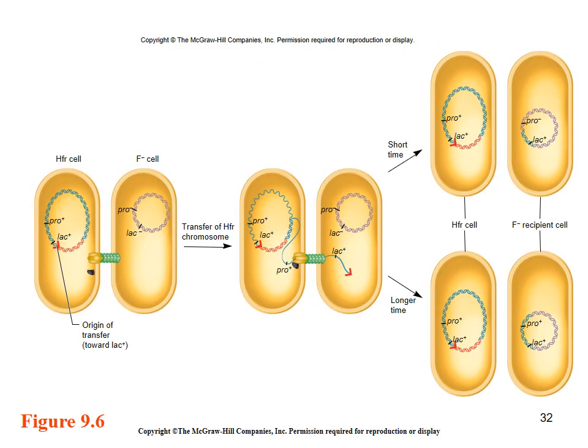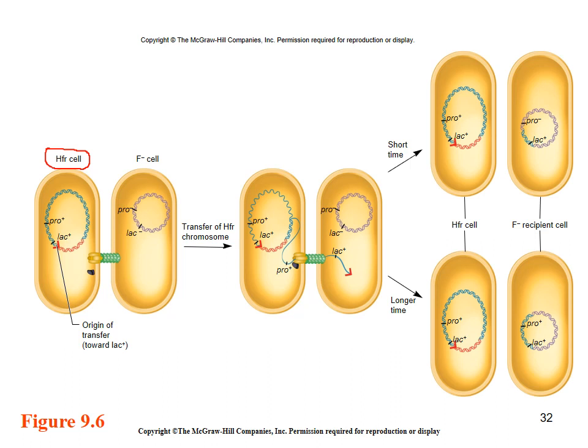Alrighty, so what we're looking at over here is our donor cell. Here is our HFR cell, and as you can see, in this example our donor cell has pro-positive. That is proline, so it's able to synthesize proline, and it has lac-positive, which means it can metabolize lactose.